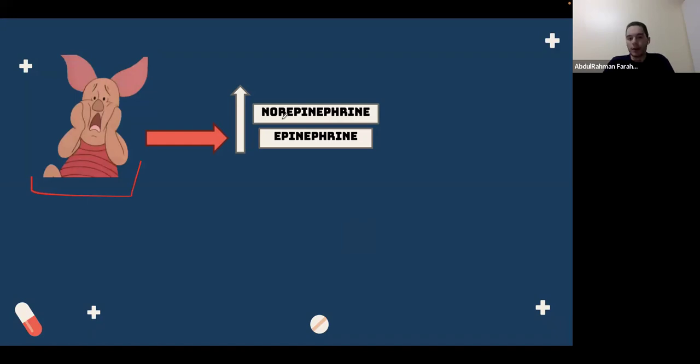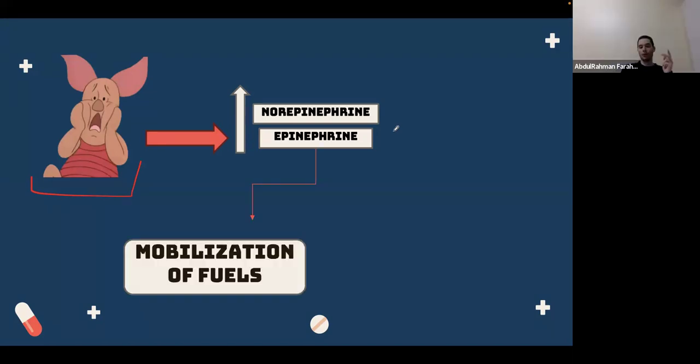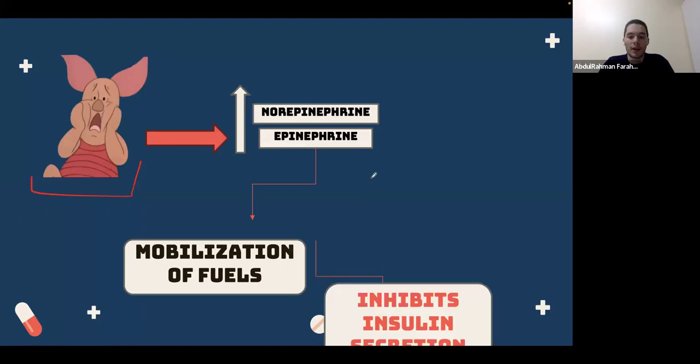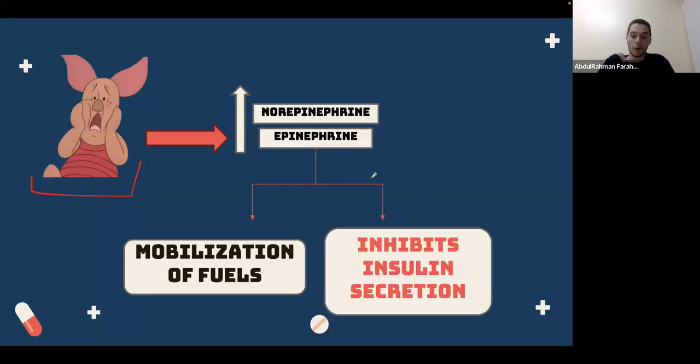And so he has high levels of norepinephrine and epinephrine. These high levels are going to do two main things. They're going to mobilize your fuel. You're going to break down your glycogen storage and build up more glucose in the blood. And you're breaking down fatty acids, so there will be fatty acid oxidation to provide energy. But the important thing I want to stress is the inhibition of insulin secretion. So norepinephrine and epinephrine inhibit insulin secretion.